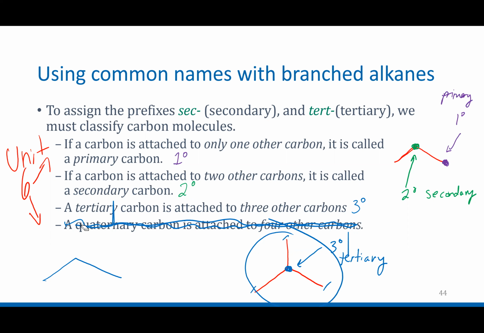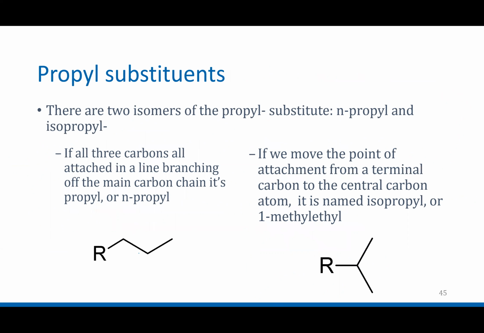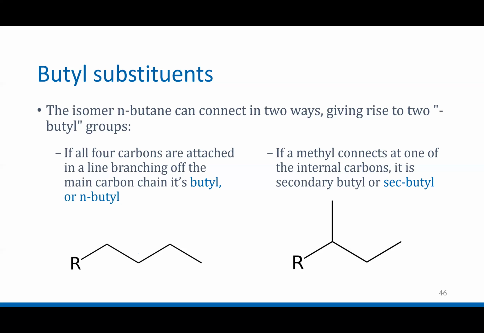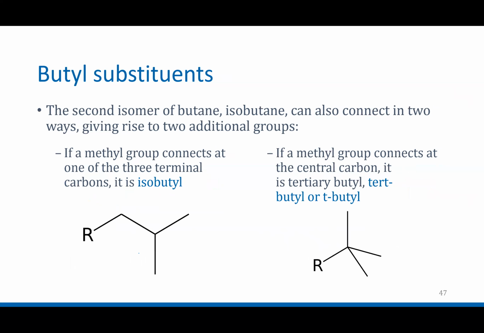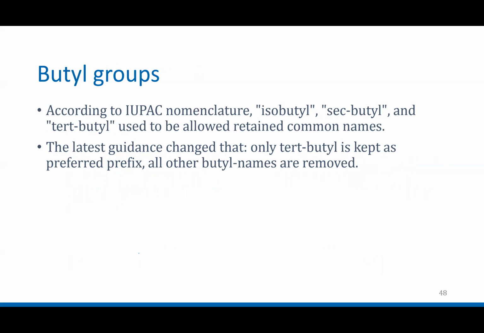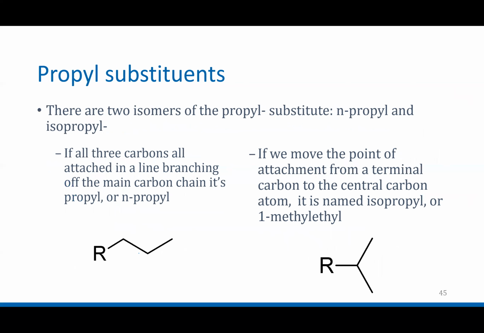I'll do it a little differently here. Not my best drawing, but we have a tertiary, 1, 2, 3, tert butyl chloride. That's what tert butyl looks like. And I'm going to show you pictures now. So if you're still confused, I have some pictures of these guys so you can get an idea of what they look like.